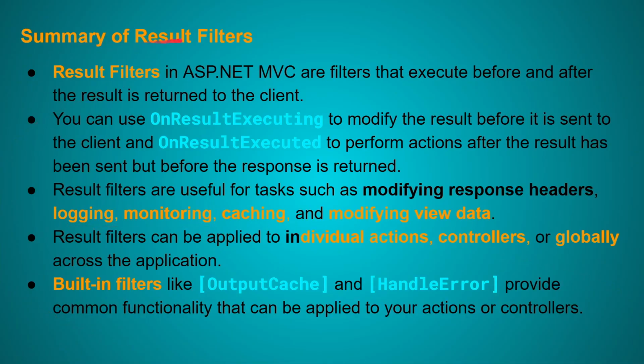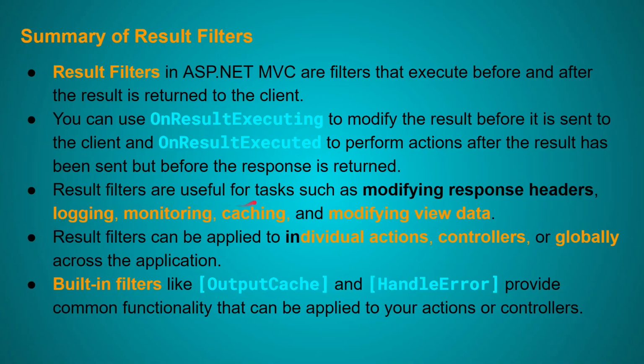And the summary of result filters. Result filters in ASP.NET MVC are filters that execute before and after the result is returned to the client, only the result. You can use OnResultExecuting to modify the result before it is sent to the client, and OnResultExecuted to perform actions after the result has been processed but before the response is returned.